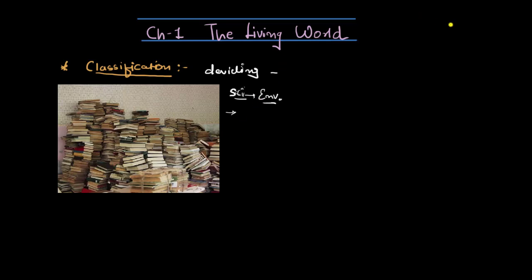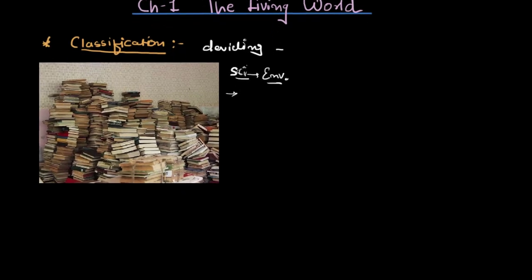But if I give you the same task and ask you to find it from here, it is going to take you less time and less hard work. Now you tell me why. Because as you can see here, there are different kinds of sections. They have categorized each section. For example, this is only science-related books, this is only commerce-related books, and this is some arts-related books.